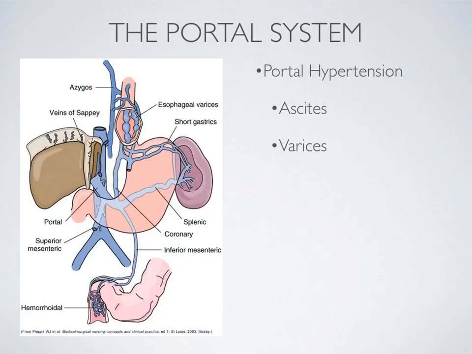Here we go. So as your liver becomes scarred over and you get increased pressure in the portal system, that pressure backs up, and so some of the veins in the esophagus become distended. The spleen can become enlarged. It becomes engorged.